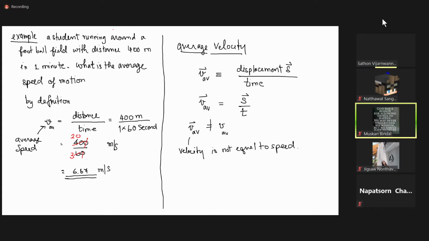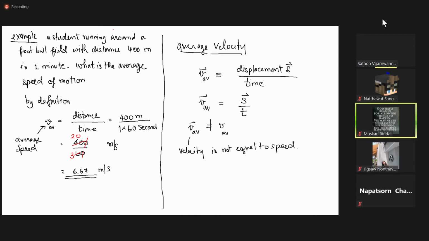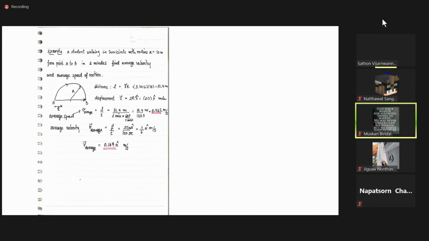So just like distance and displacement, the average velocity and the average speed are not equal, because one of them is a scalar and one of them is a vector. And also the directions are not the same. We can find the average speed by dividing the distance by the time, and we discussed the example already.